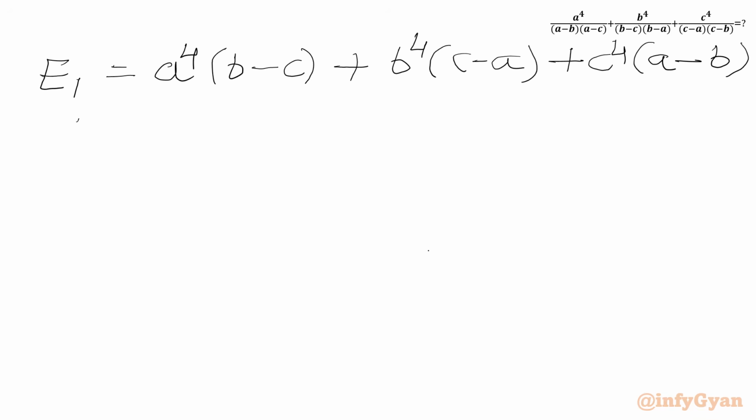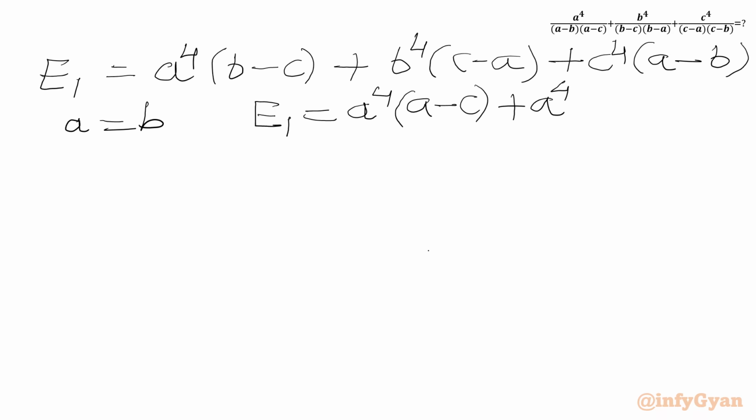Now I will plug in A equal to B. So we are going to get the E1 value: we'll write A power 4 in the bracket A minus C, plus A power 4 in the bracket C minus A, and if A equal to B, A minus B will be 0, so we will write 0.